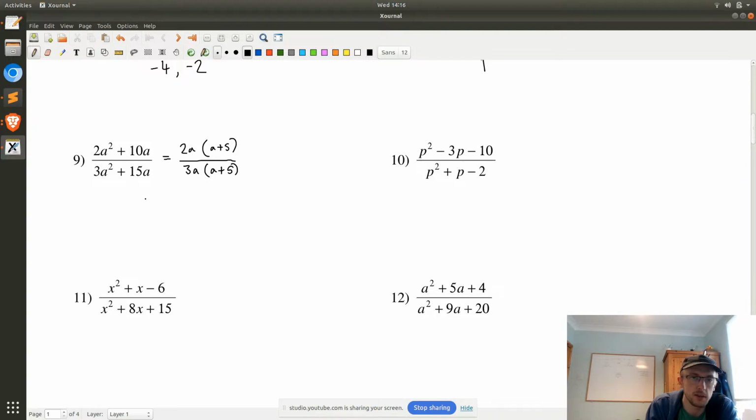Excluded values. Oh, beg your pardon. That's just literally 2 over 3. But a is not allowed to be 0 or -5. Perplexing.